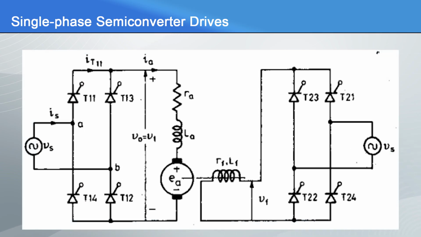So, for regenerative braking, the polarity of EA must be reversed, which is possible by reversing the direction of the motor field current, by making the delay angle of the full converter more than 90 degrees, in order that the current in the field winding can be reversed. The field winding must be energized through a single phase full converter.